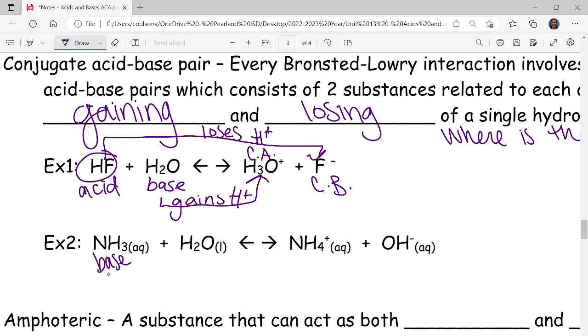And if I look at this, what would it turn into if it gains a hydrogen? NH4 plus. So the base gains a hydrogen, turns into NH4 plus, I agree. And then what would I call that? Conjugate acid.